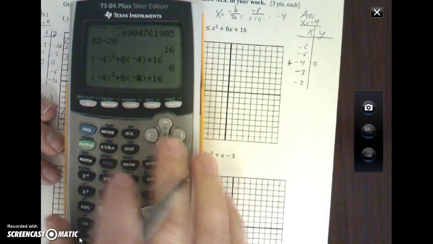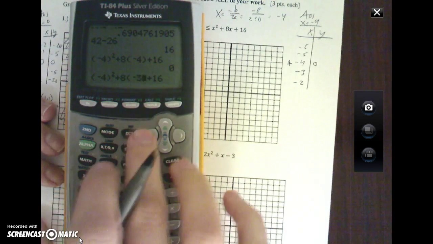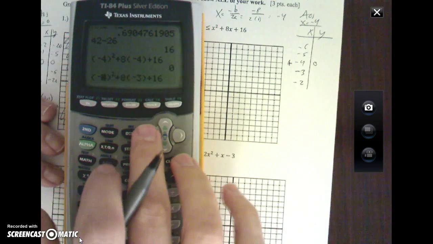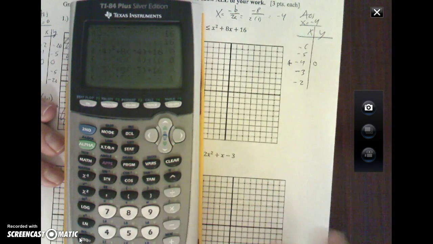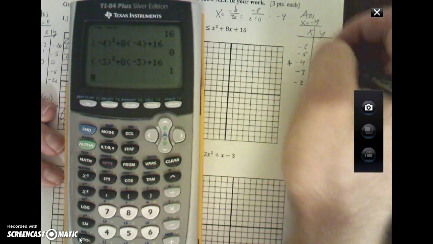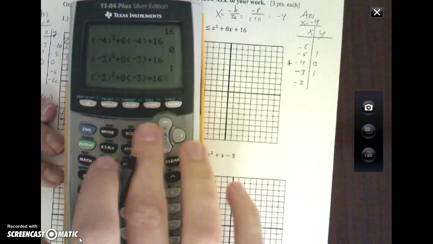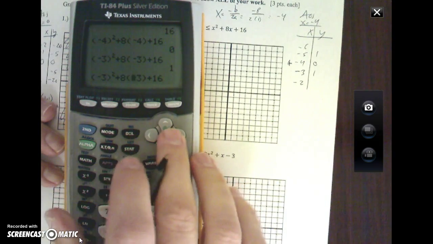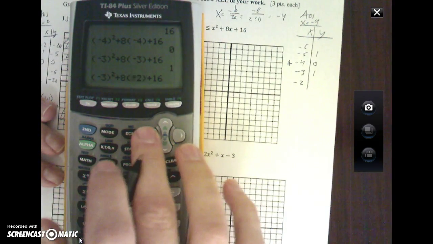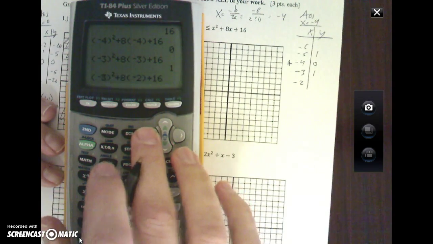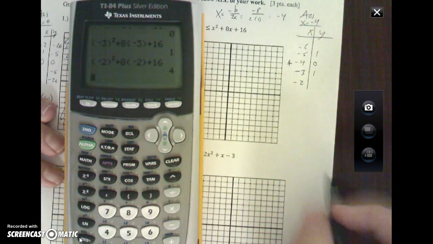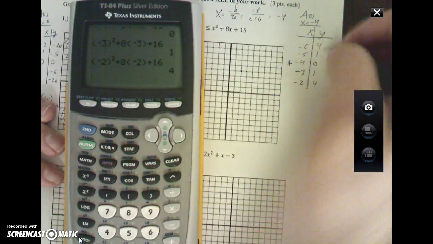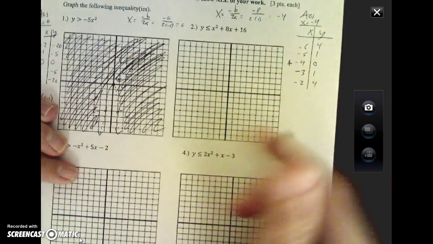So I can come over here and just, instead of putting negative 4, type negative 3 in. So that gives me 1 and 1. And again, second enter. Let's put negative 2 in here. Four. Okay. So I got all my points.